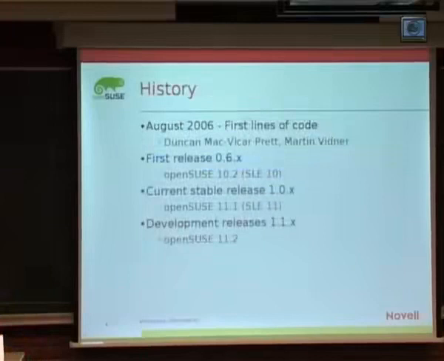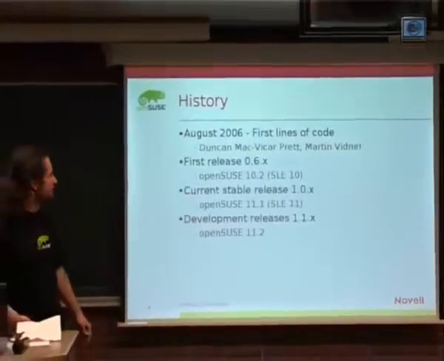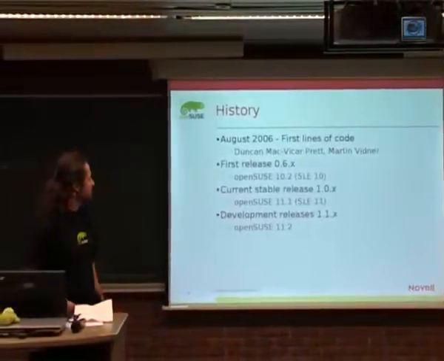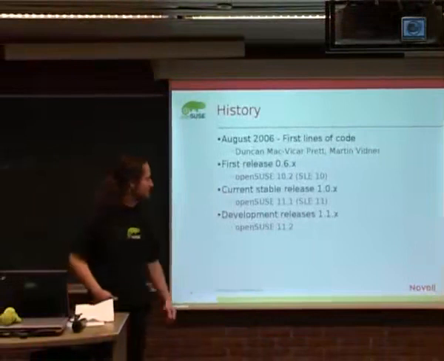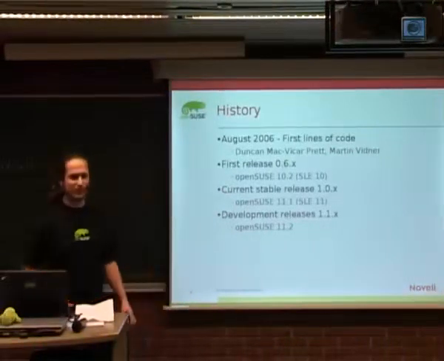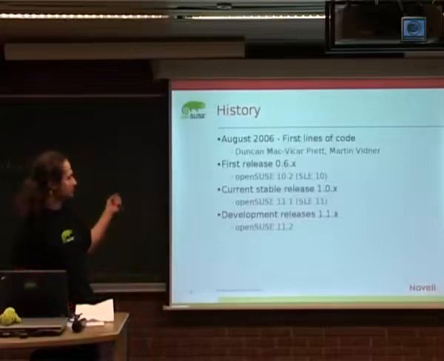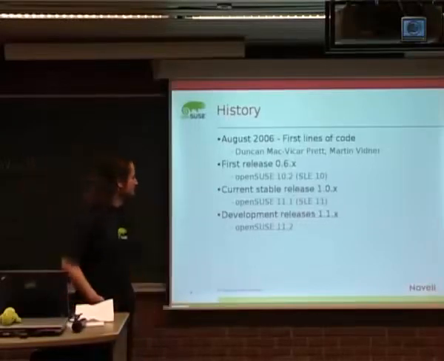A few words about history. Zypper is 2.5 years old. It started in August 2006 when Duncan McVicar started to write his own command line tool to test the libzypp library. A few weeks later, Martin Vidner took the code and named the project Zypper.